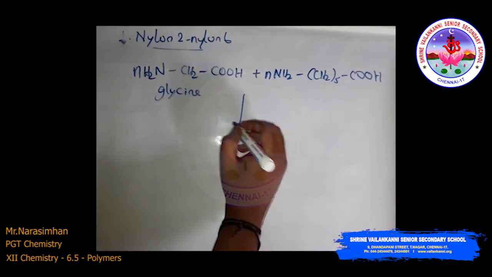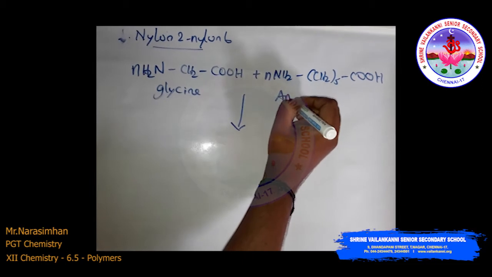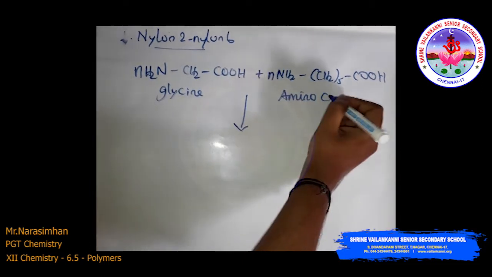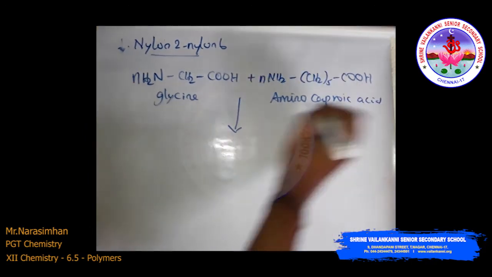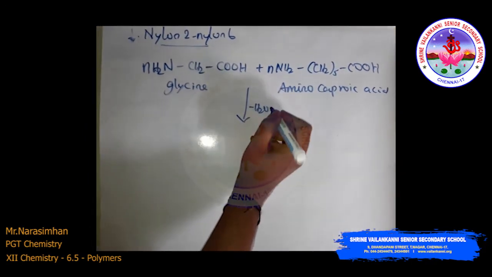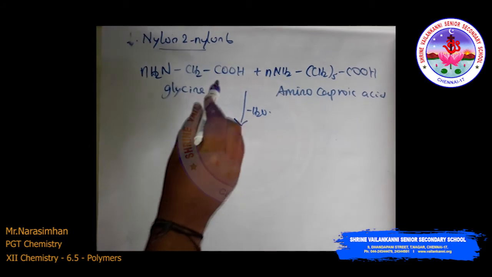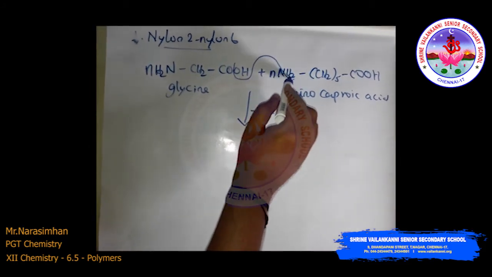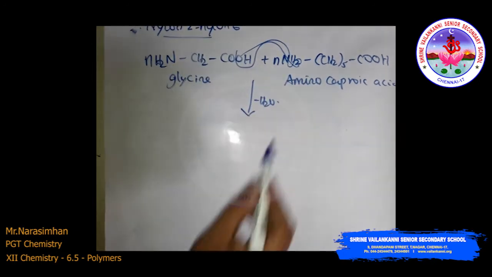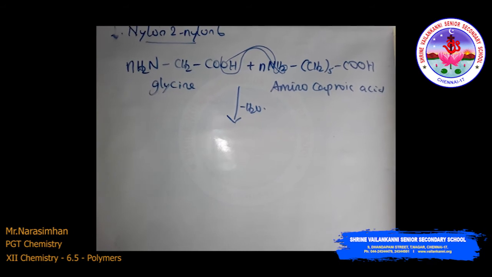This is amino caproic acid. There is removal of a water molecule, one OH from one and one hydrogen from the other compound, and we get nylon 2, 6.